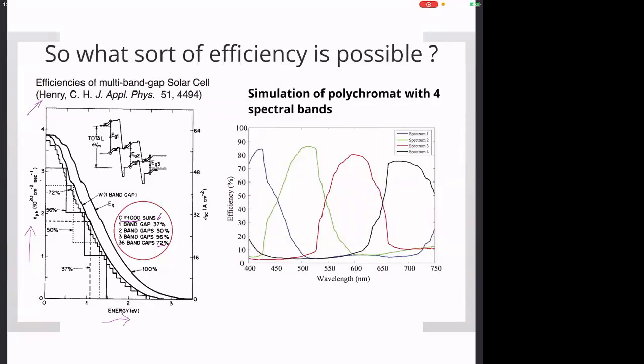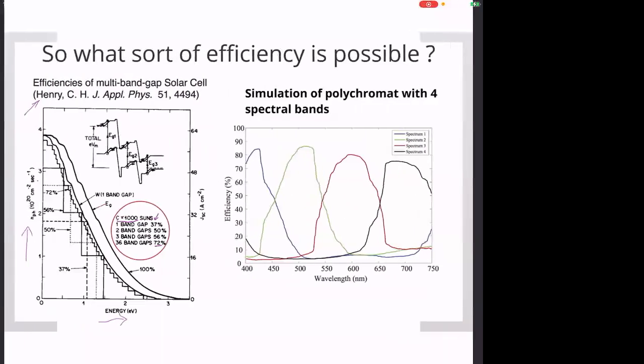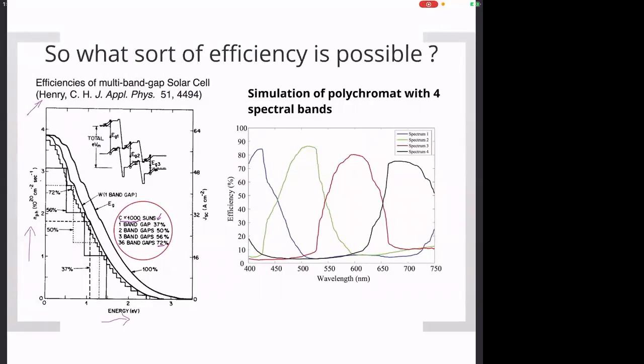So we actually did this analysis with the polychromat in this example with 4 spectral bands. Of course, the more spectral bands, the harder it becomes to do this efficiently. So we did this example of 4, again, only in simulation, and showed that we can potentially fabricate and do this.